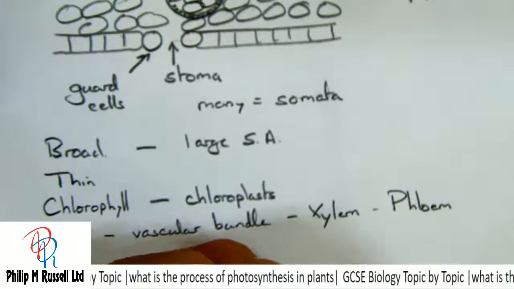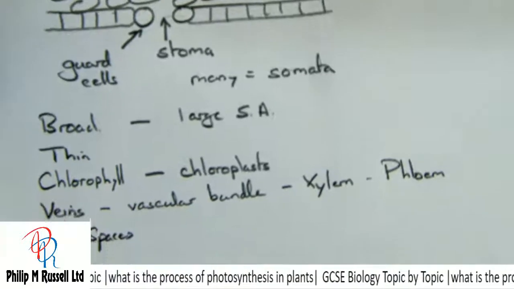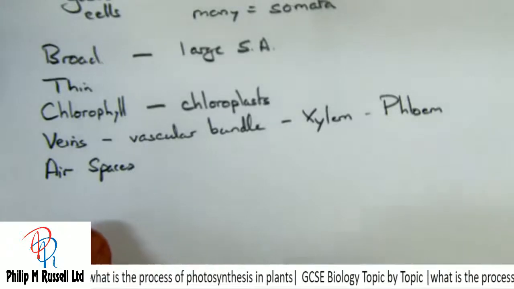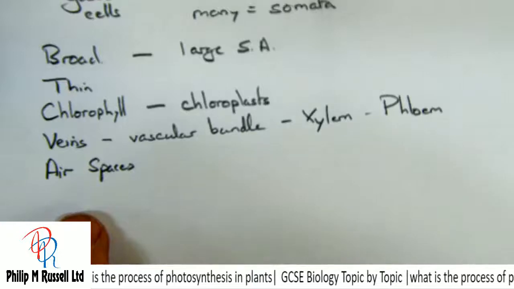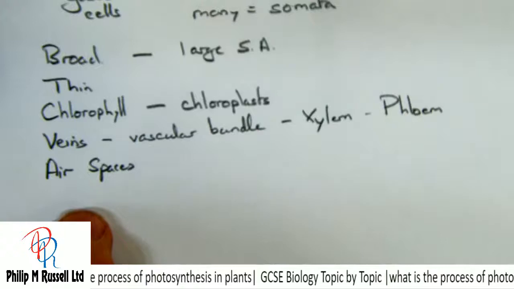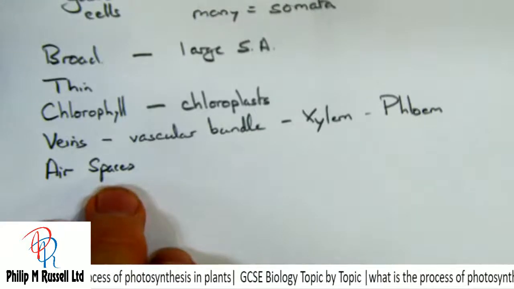We've got large air spaces. The large air spaces in a plant are to allow carbon dioxide to get into the cells and oxygen to leave, and all that's done by this process of diffusion.